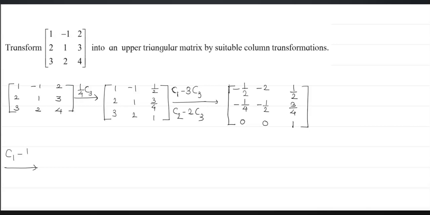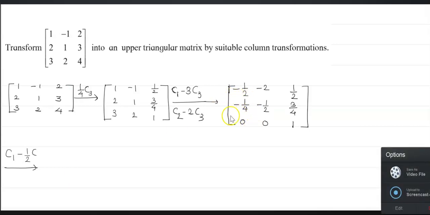Now we have to make this a 0. To make it 0, that is C1 plus 1 upon 2 C1 minus 1 upon 2 C2, then we will get 0 here.